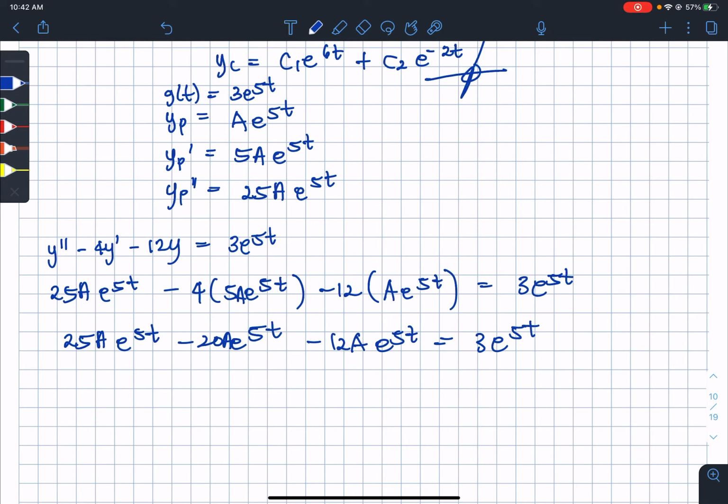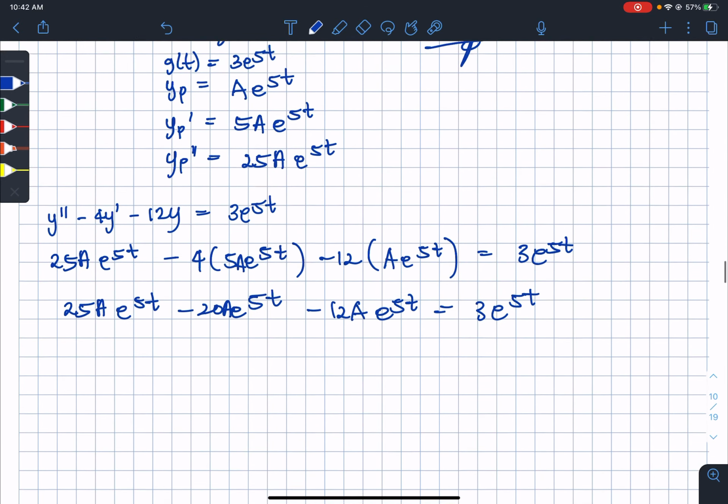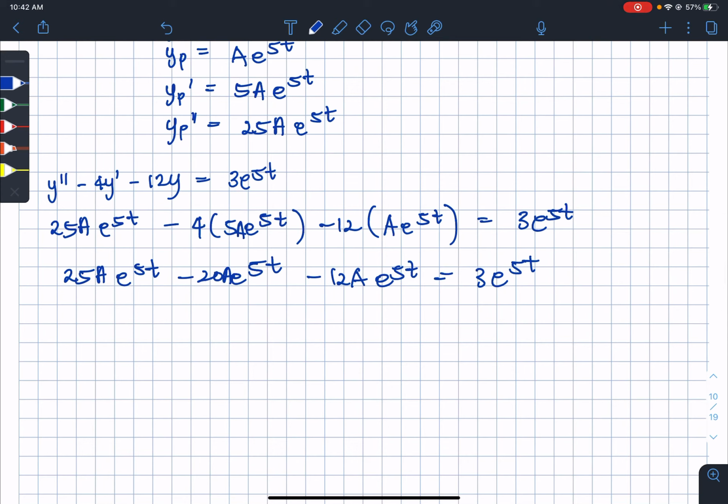So we can now get that 25 minus 20 and minus 12. So that would be negative 7. Negative 7a e raised to 5t is equal to 3 e raised to 5t.